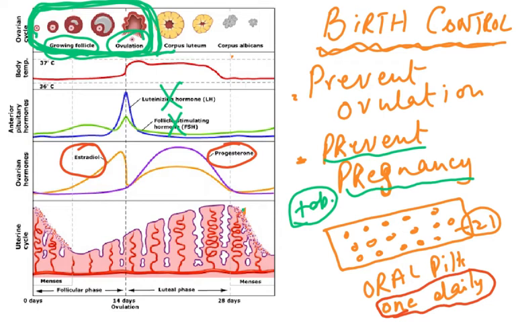So the birth control method was actually designed after the doctors or the biologists started studying this part of the graph, the luteal phase, in which they found out that when estrogen and progesterone are high, FSH and LH are low. So this is the biological basis of the oral contraceptive pill.